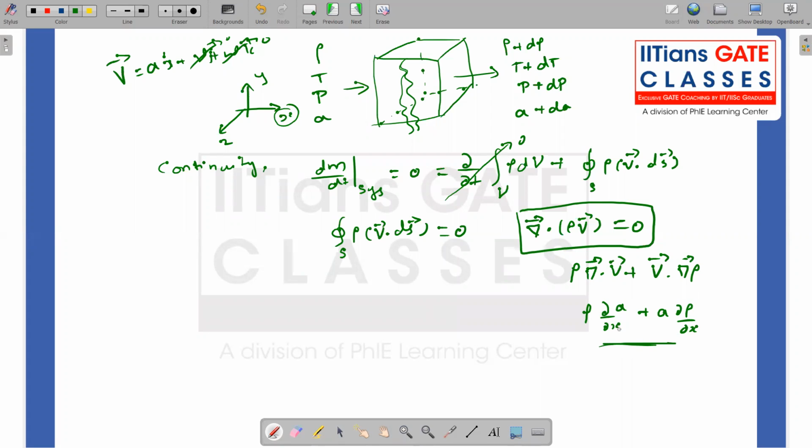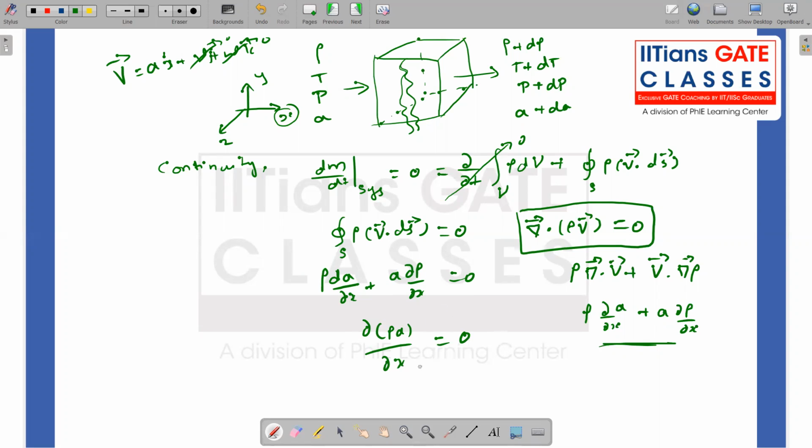If I put it this way, this becomes rho dou a by dou x plus a dou rho by dou x, which is equal to 0, or I can write it as a differential equation: dou rho a by dou x is equal to 0.